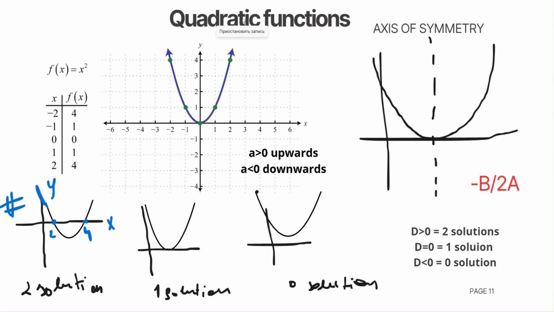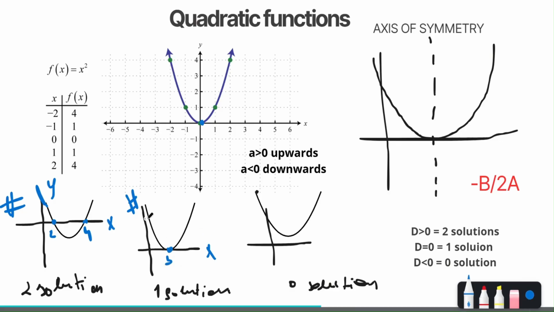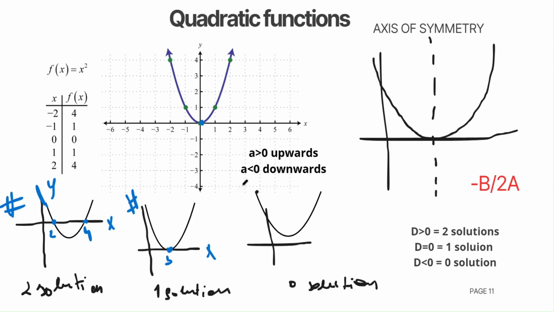In the second scenario, if our parabola touches the x-axis only once, as you can see here, then our solution, let's say it's 3, must be only 1. We don't care whether it touches the y-axis or not. The important part is whether it touches the x-axis. That's how it works, and you have to know this.